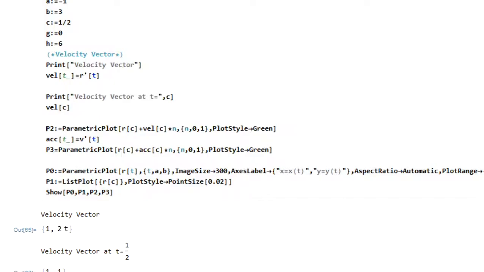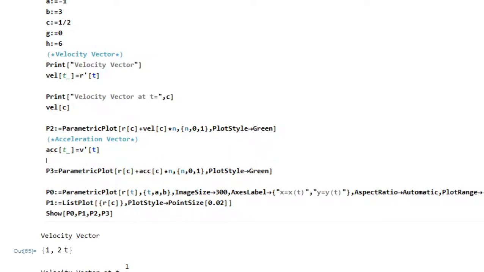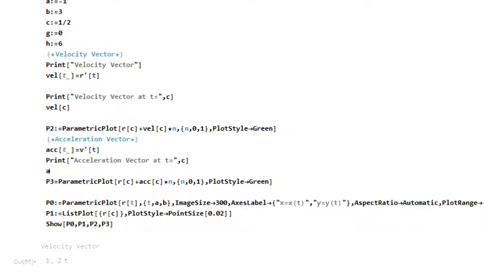A little bit of analysis, plot, and then we had down here the acceleration vector calculation. We might consider doing another print of this, but this time talking about it as the acceleration vector at t equal to c, and doing an ACC at c.